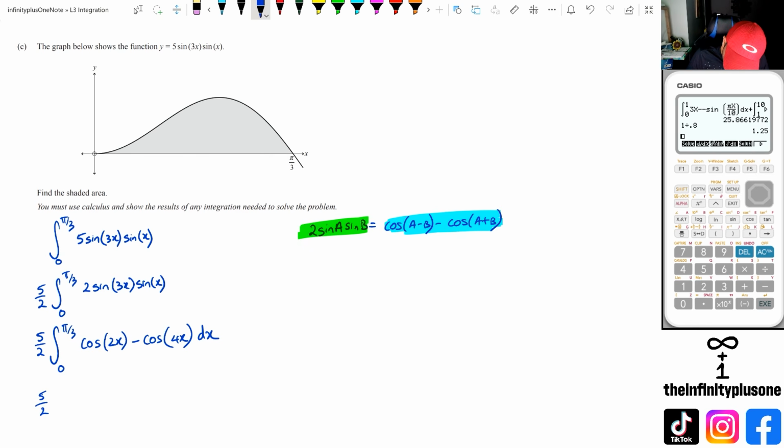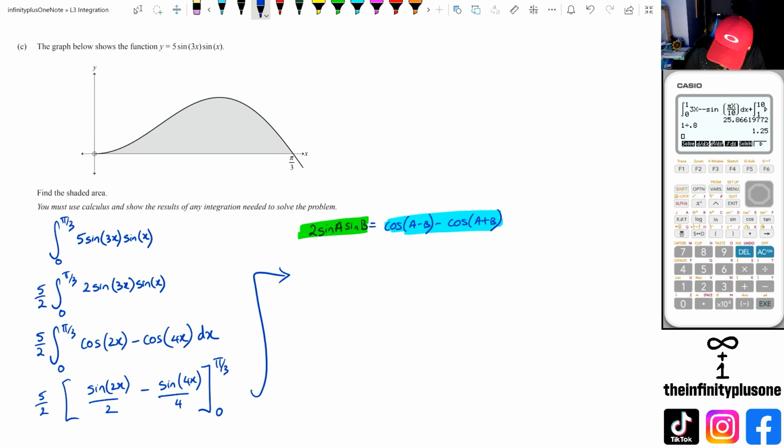Now I can integrate this. I've got 5 over 2. Integration of cos 2x is sine 2x over 2 minus sine 4x over 4. And that's all between pi over 3 and 0. So again, like I said before with question 1e, I am going to show the working here. So I've got 5 over 2 brackets.